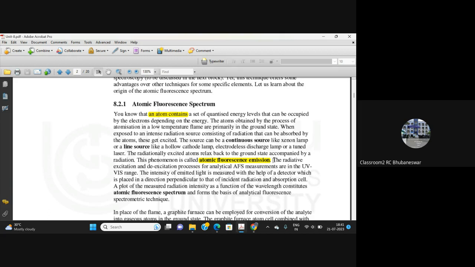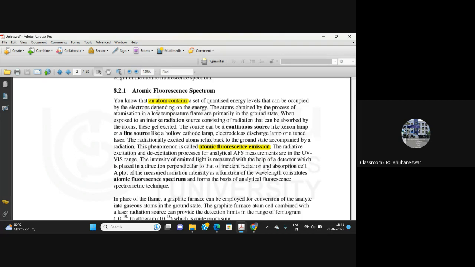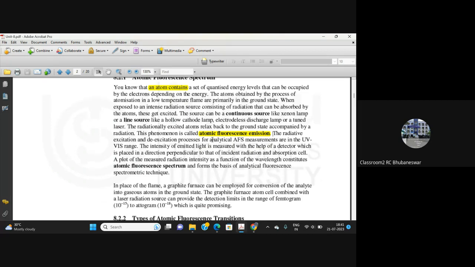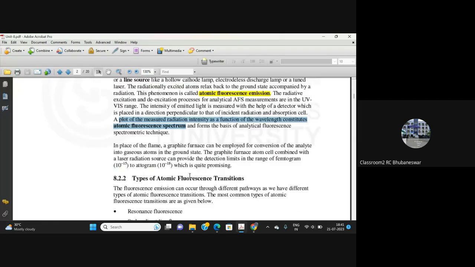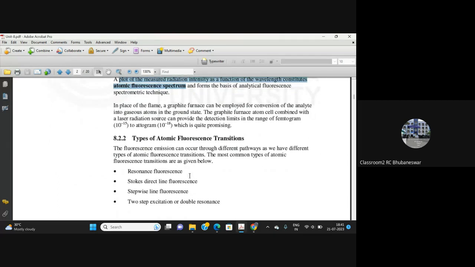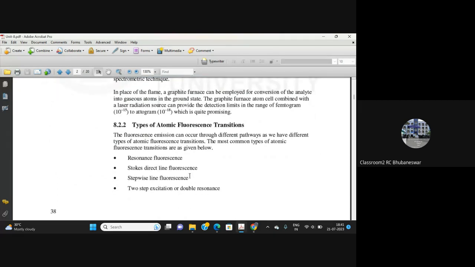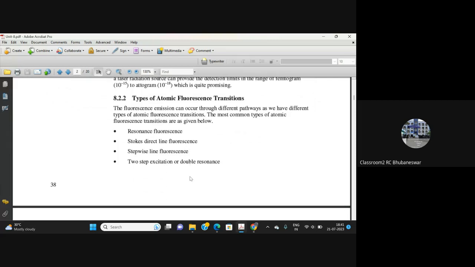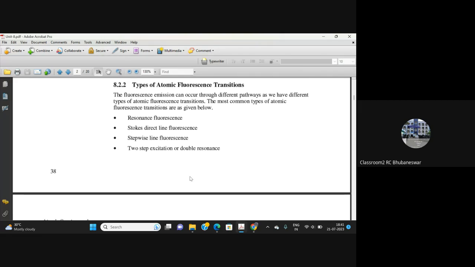So this is about atomic fluorescence emission, and the plot that you are going to get, intensity versus wavelength, is your atomic fluorescence spectrum, the way we discussed there. Here also atomic fluorescence transitions are of various types: resonance fluorescence, Stokes direct line fluorescence, stepwise line fluorescence, two-step excitation double fluorescence, like that.